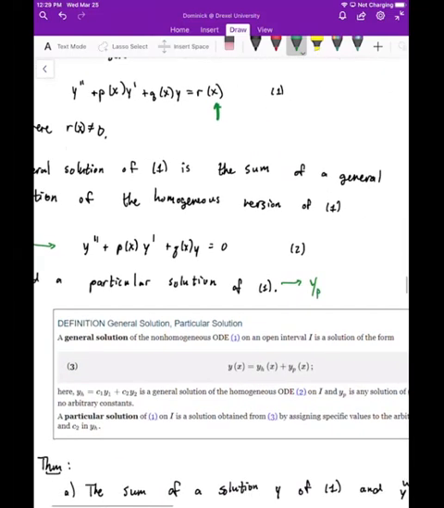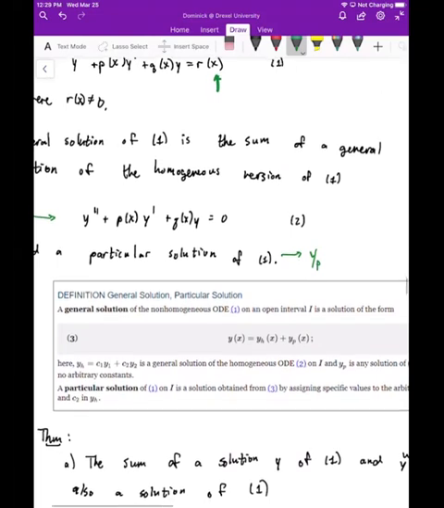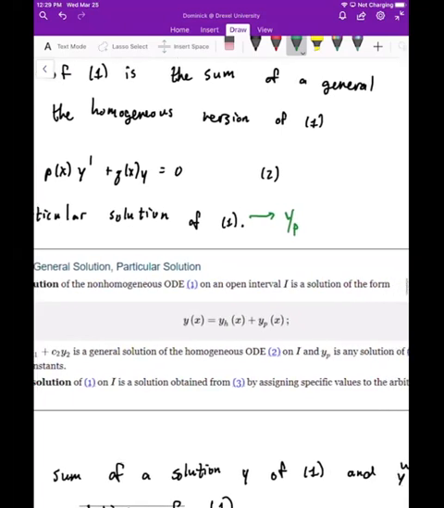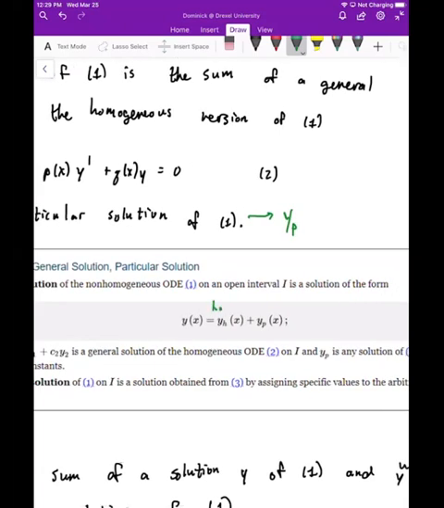Right, so this restates what I just said in a nice, concise fashion. It says that if you have a non-homogeneous ODE, your solution is built up of a homogeneous solution and a particular solution.